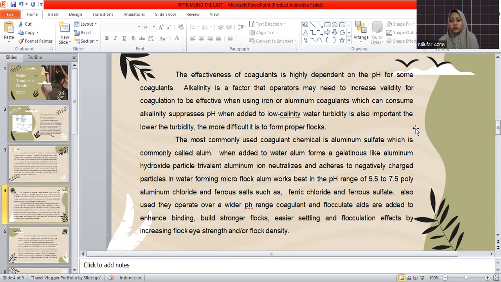Turbidity is also important. The lower the turbidity, the more difficult it is to form proper floc.